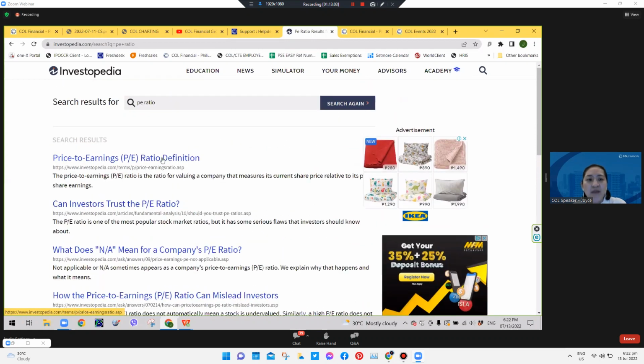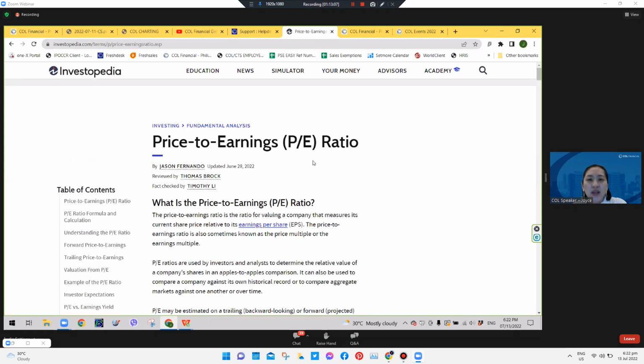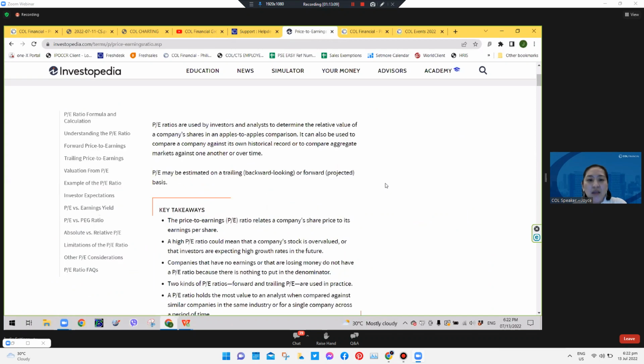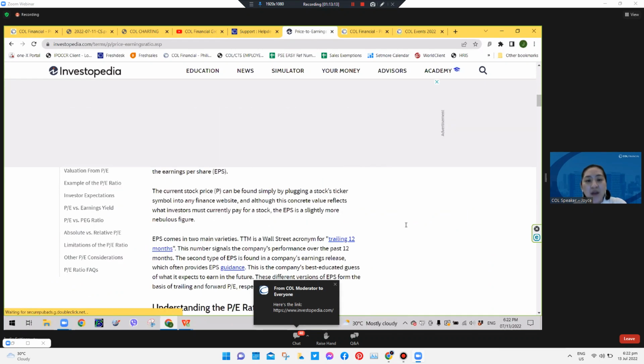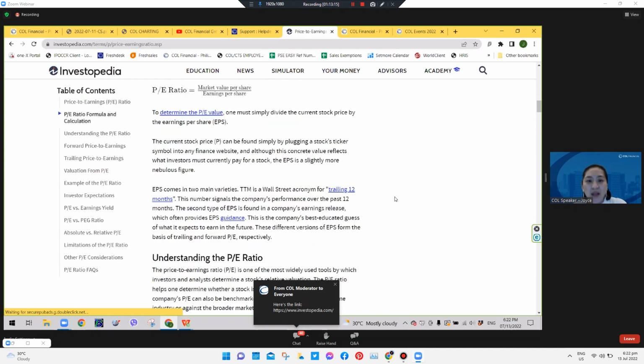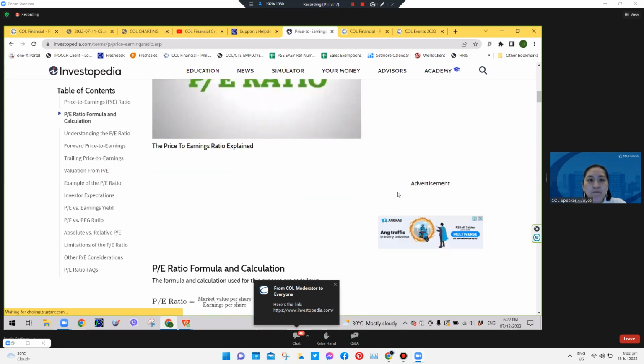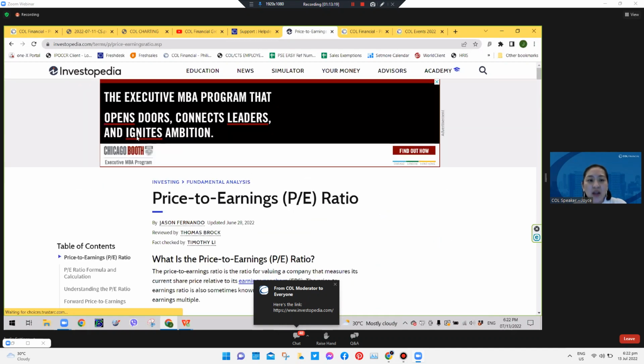For me, I find this so easy to read because they do it in such a nice way. They even have examples, key takeaways, and sometimes videos at the end for you. So for me, Investopedia is really a good source. It's like a Wikipedia for investors.